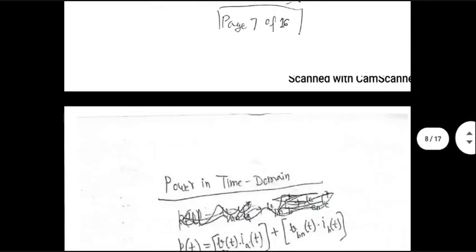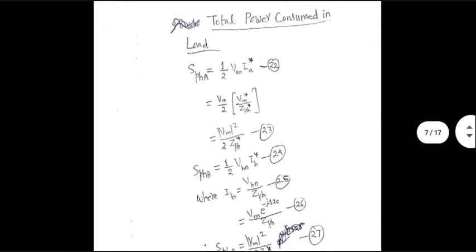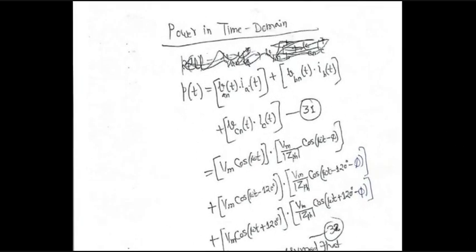Okay. Now, what happens to power in time domain? That is one of the biggest advantages of these systems. Let's see. Suppose I go back to time domain, then I need to have the time-dependent expressions for each of the phase voltages and each of the phase currents.